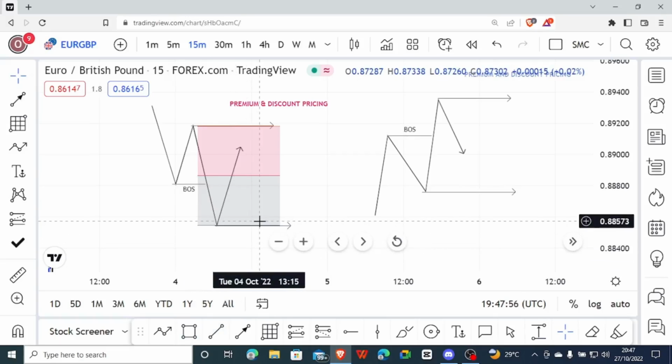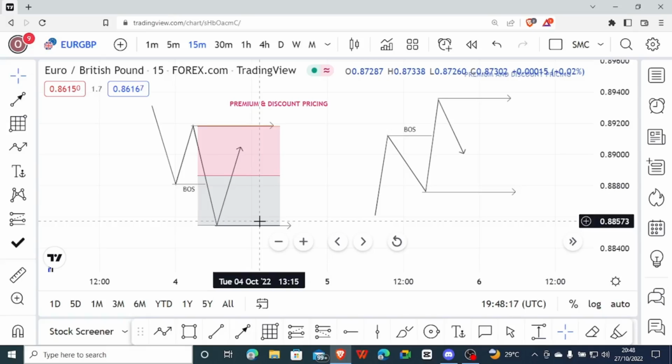Now the third reason is that it helps to narrow your focus to a particular area of your chart where you can scout for high probability trade setups. You do not need to chase price. You don't go all over the chart looking for trade setups.